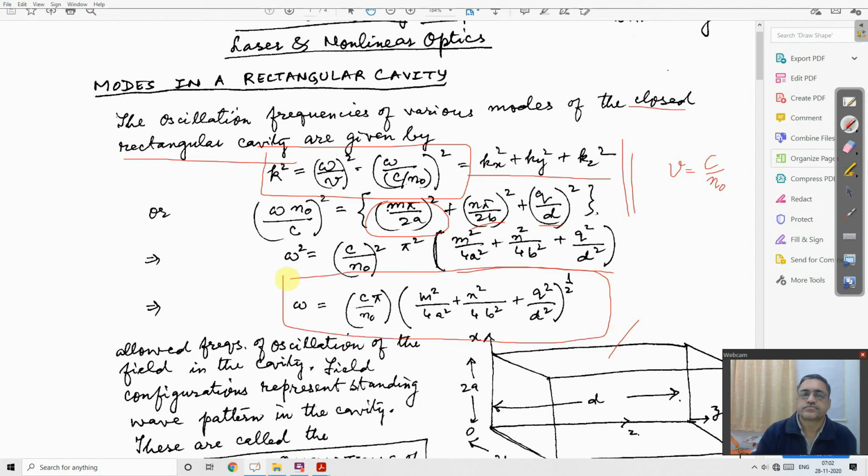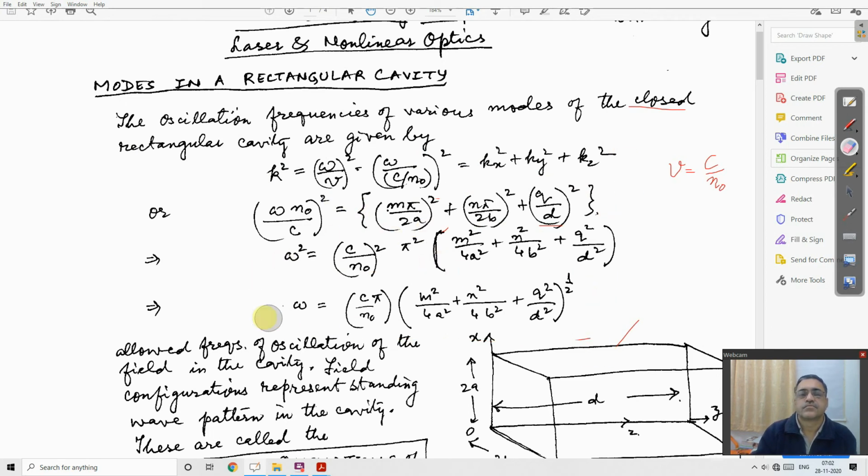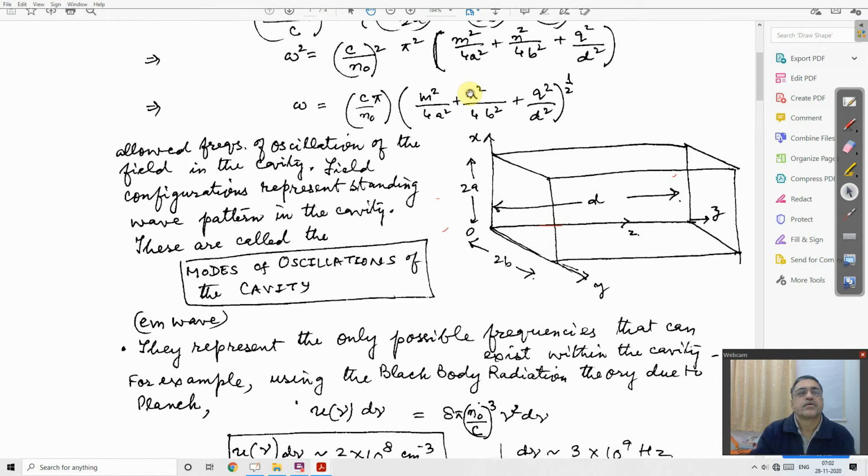Further, see the allowed frequencies of oscillation of the field in the cavity.